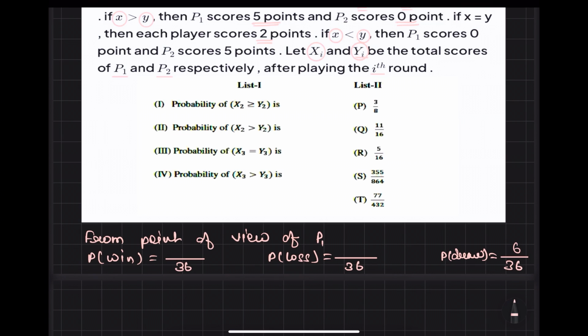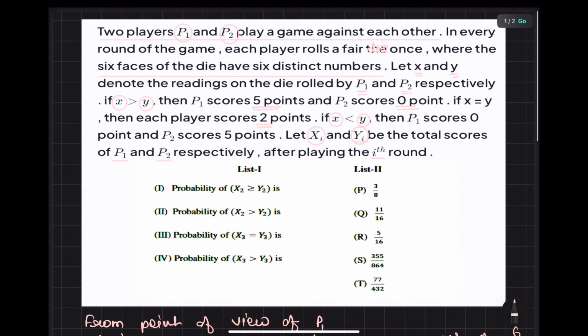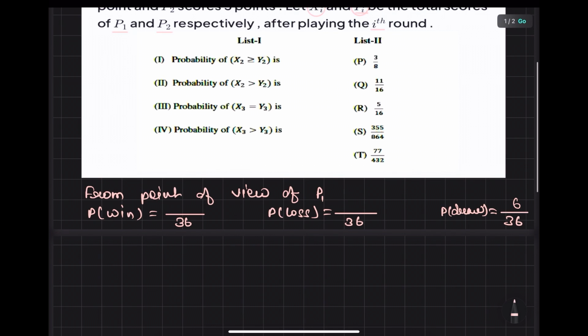So there are 6 cases. Now there are 30 more cases left, in which in 15 cases you will win, in 15 cases I will win, because it's a fair dice. So it should be symmetric. So 15 I will win, 15 I will lose.